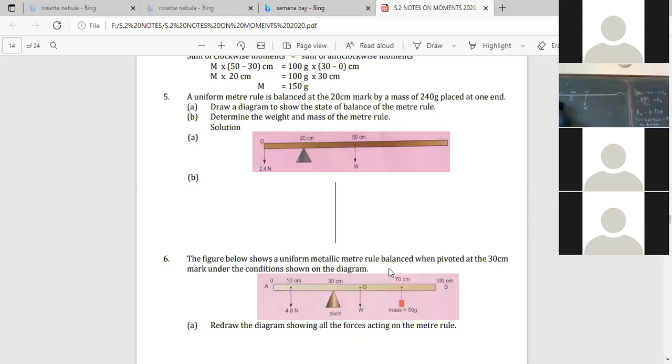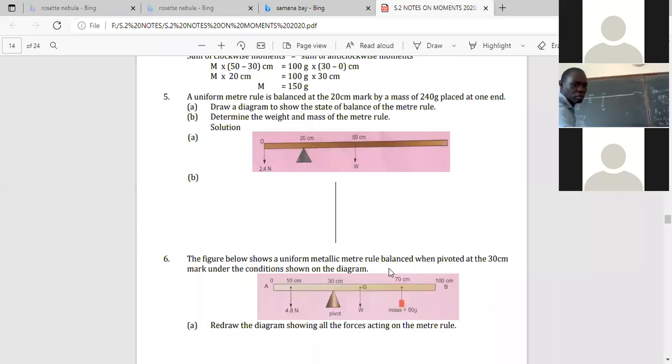grams. Is that okay? But we want to get this force here. This force here is given by mass times gravitational acceleration. So what is our mass? 240, which is 0.24 kilograms.